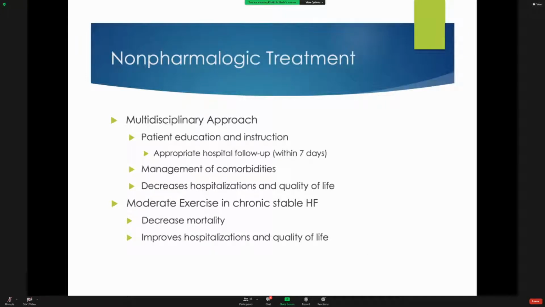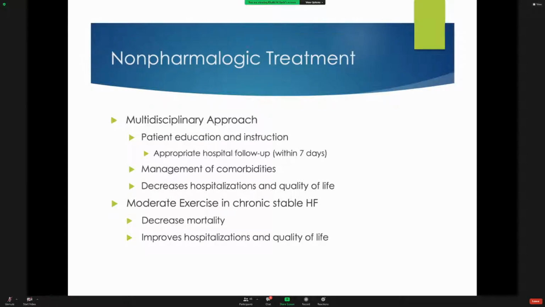So as I said at the start of this lecture, heart failure is a complex syndrome. So we have to have a multidisciplinary approach, patient education, instruction. We have to have appropriate hospital follow-up 7 days after discharge.